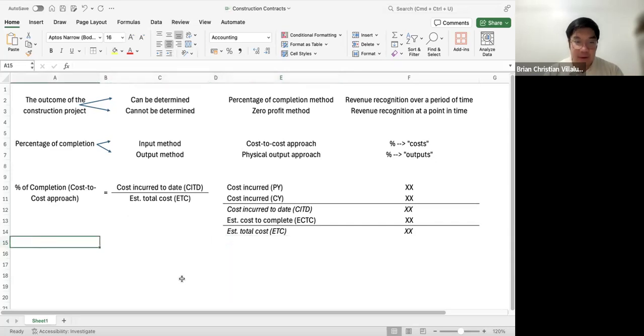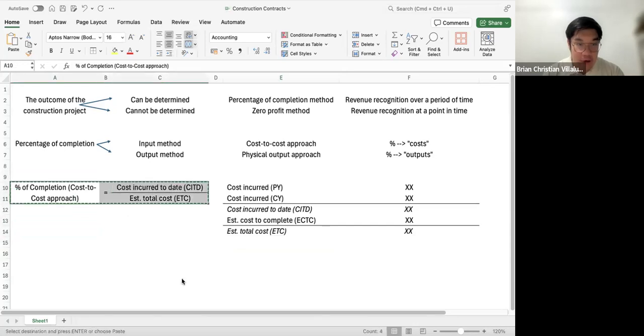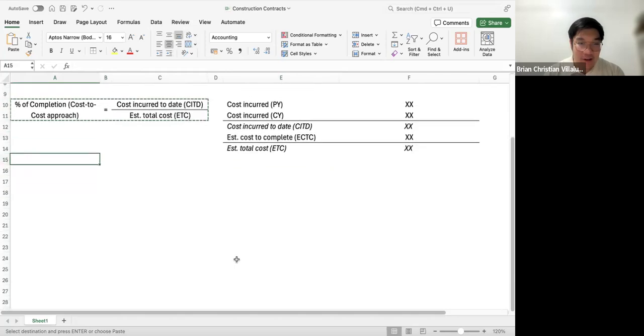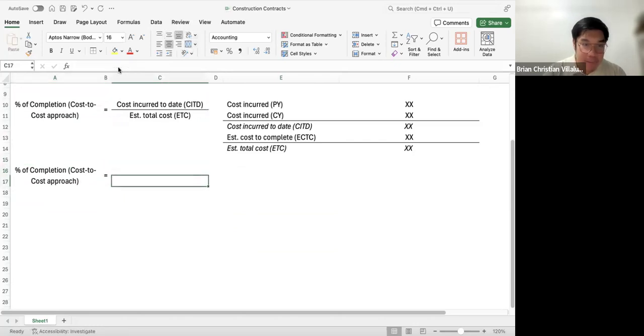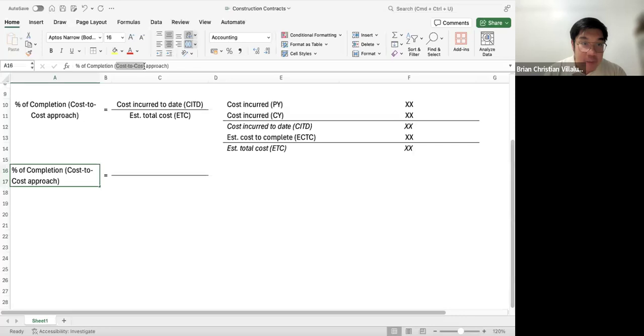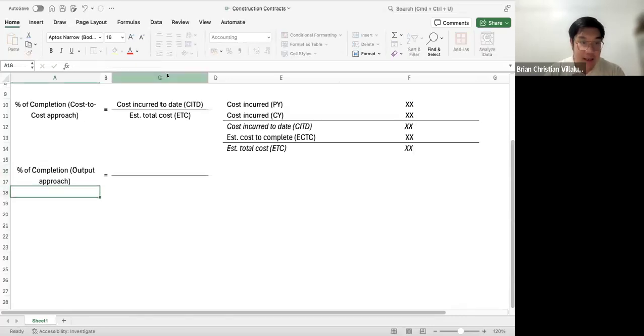Next. How do we determine the percentage of completion naman kapag gumagamit tayo ng output method? Let me just copy our format here, para hindi na tayo masyadong magfo-format dito. Palitan na lang natin yung text. Instead of using the cost-to-cost approach, we will be using the output approach naman.